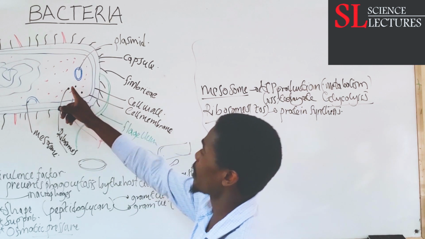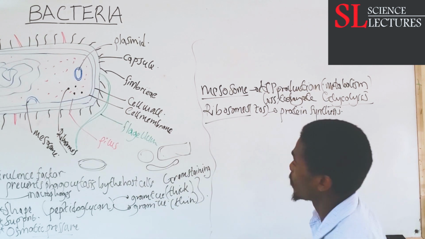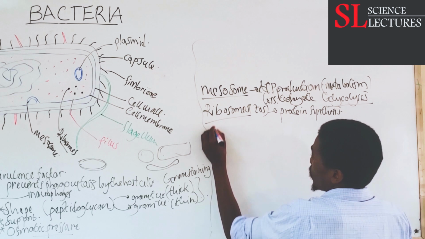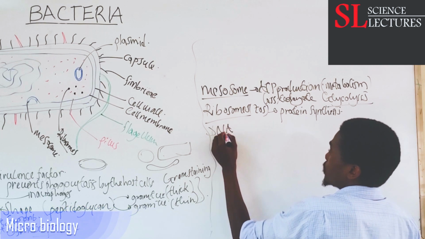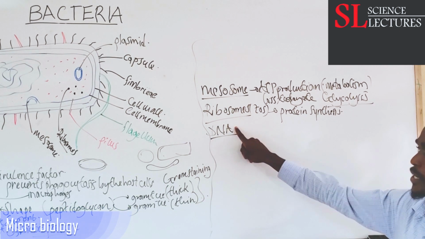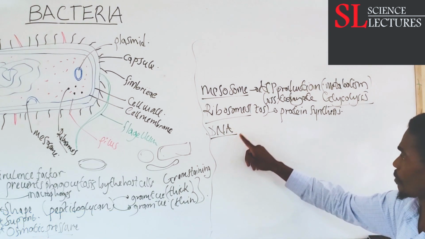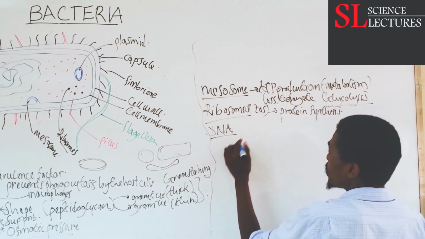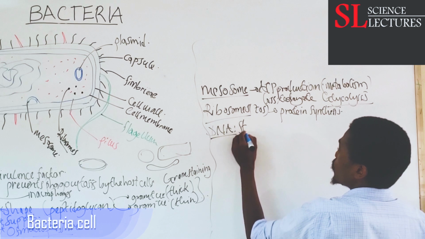Then another internal component is the chromosomal DNA, the DNA of our bacterial cell. The DNA of this bacterial cell will help in replication.